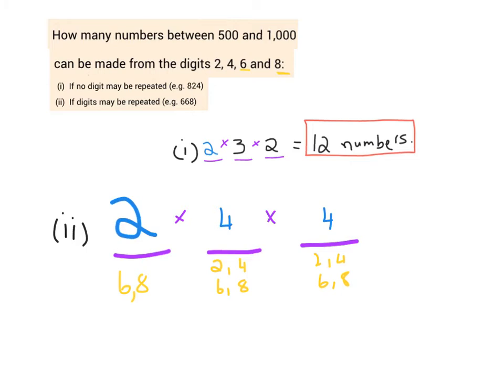And so in part 2 I could make 32 different numbers between 500 and 1000 from the digits 2, 4, 6 and 8. Okay, so that's my answer there.